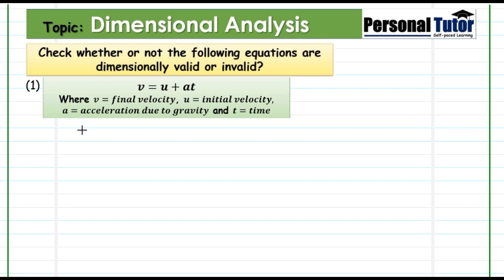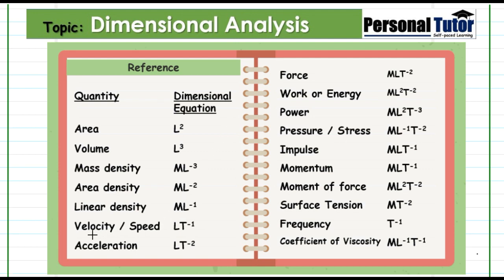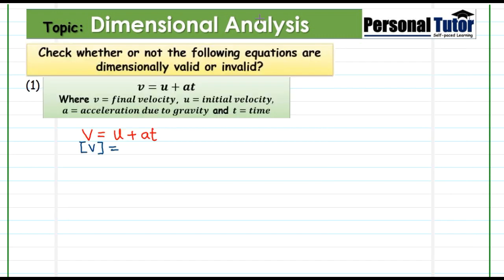So the first thing you do is the equation is v equals u plus at. Let's look at the various terms. This v has been explained to be the final velocity, and so it is velocity. Velocity has its dimensional equation as LT minus 1. So we just quote it like that, LT minus 1.